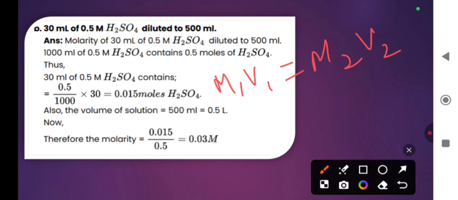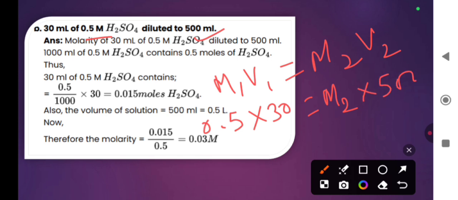In this way you can solve. So the molarity of the first solution is given as 0.5. The volume given is 30 ml, equal to the molarity you have to find out of the solution after dilution. How much volume do you have to dilute up to? 500.